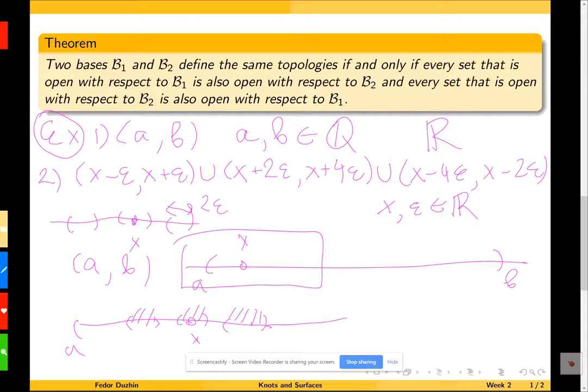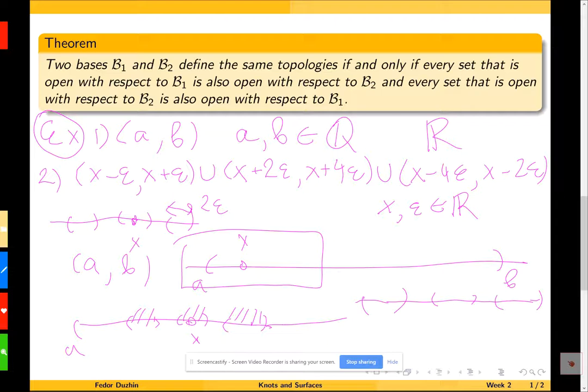Conversely, in order to prove that every set that is open with respect to B2 is also open with respect to B1, we need to check that every basis set, so every element of B2, is open with respect to B1. So we choose any element of B2, and any element of B2 looks like a collection of three intervals, each of length 2 epsilon.